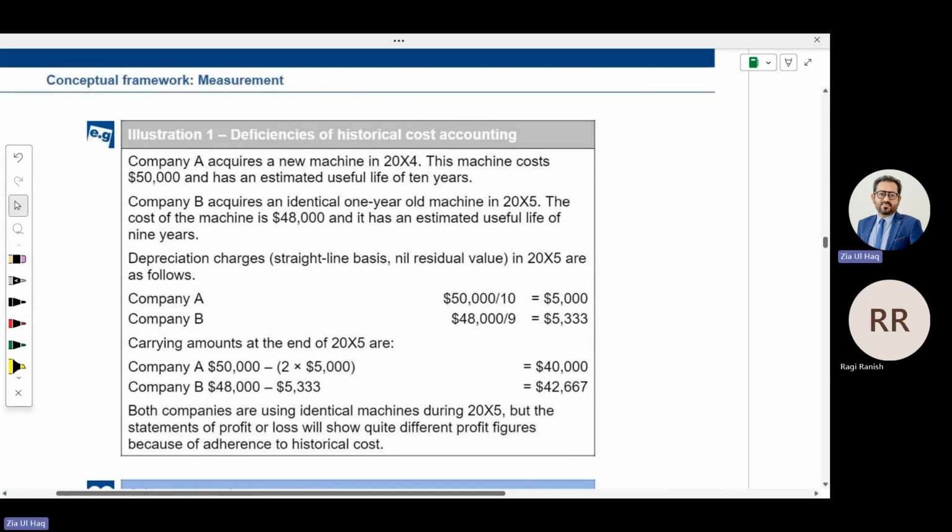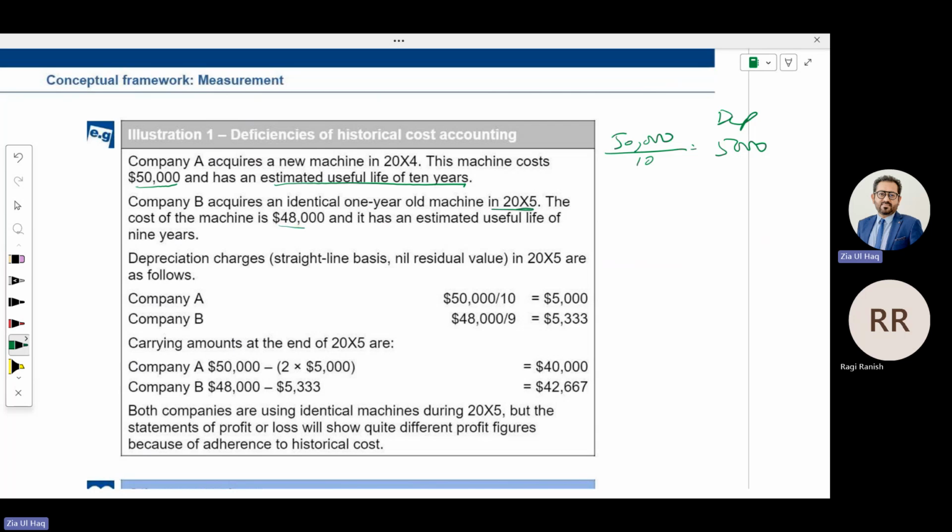And they are explaining through an example. Company A acquires a new machine in 20x4. This machine costs 50,000 and has an estimated useful life of 10 years. This means 50,000 is the cost, no residual value, life is 10 years. This means 5,000 is the annual depreciation. Company B acquires an identical 1-year-old machine in 20x5.